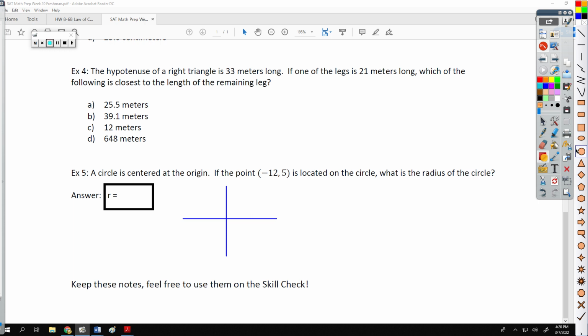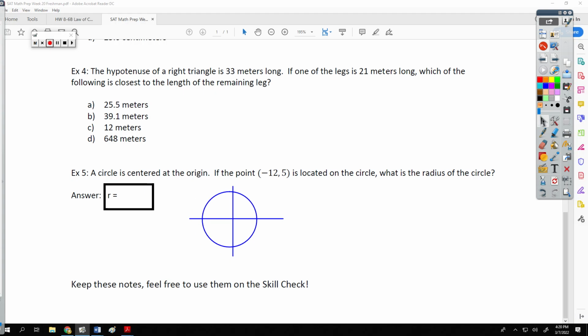Let me move that circle so that it's actually centered at the origin. One second here, get our picture right. So that circle is centered at 0, 0.